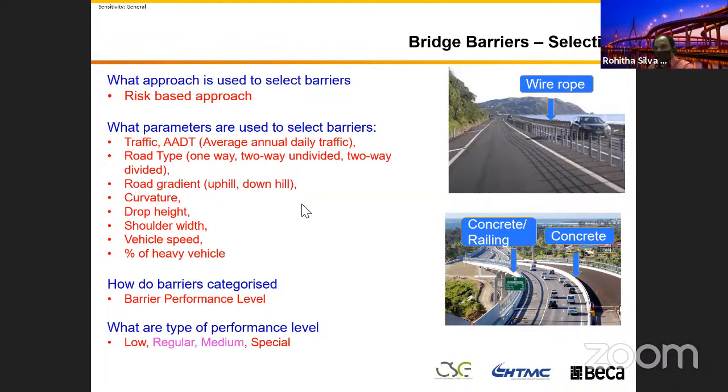Another thing is the gradient of the bridge. You know that if you are going uphill, there's a low chance you're going to hit a barrier at the edge, right? But if you are going downhill, the possibility is higher. And the curvature, if you're driving in a straight line against the curve, you can see this in this picture, the curvature here. Another thing, drop height. It's quite obvious.